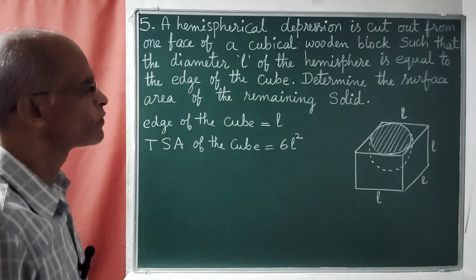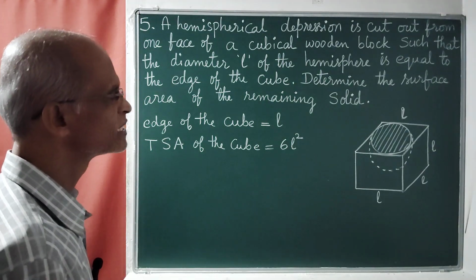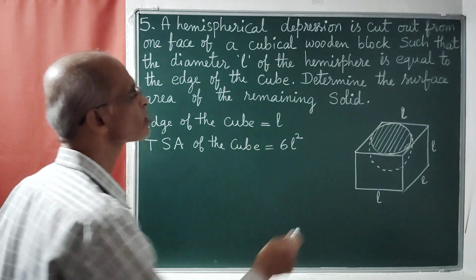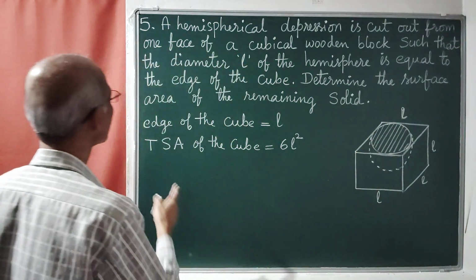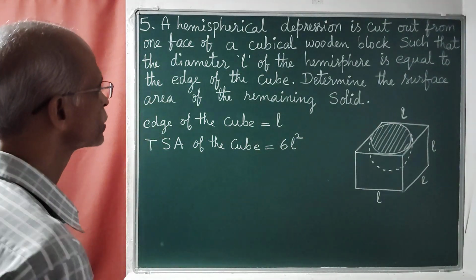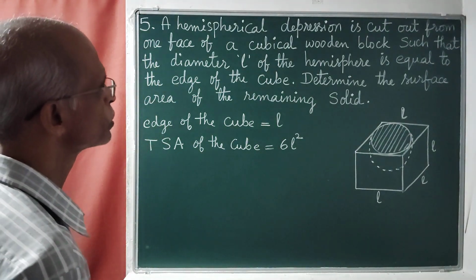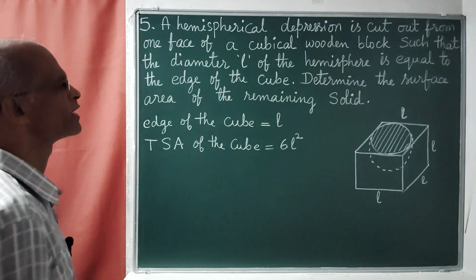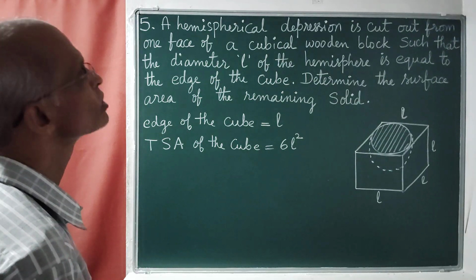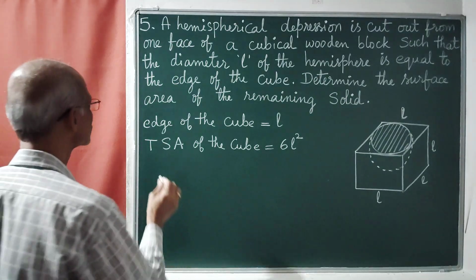Now, till now, we have found the curved surface area of the hemisphere, the area of the circle, and the TSA of the cube.